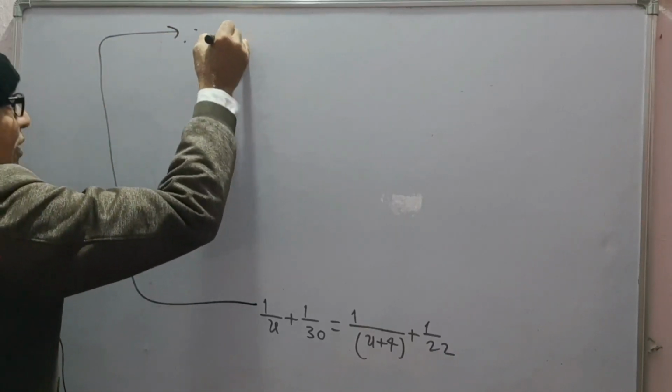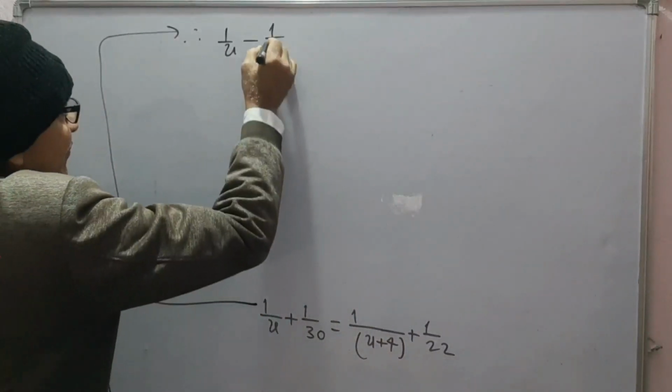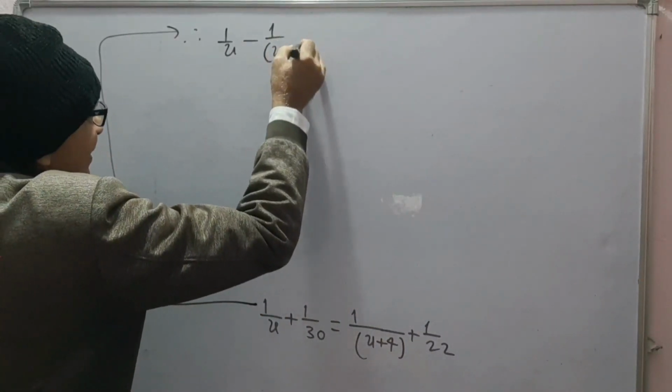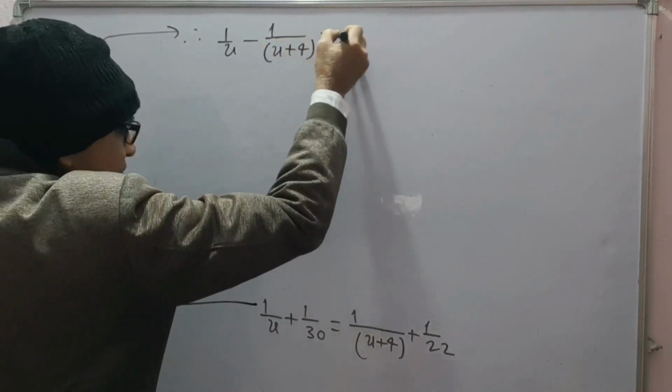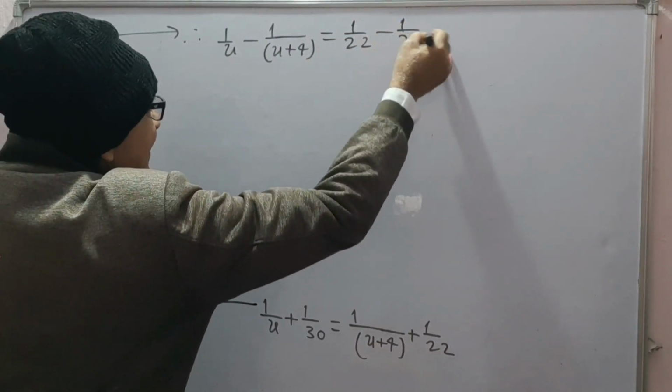Therefore, 1 upon U minus 1 upon U plus 4 will be equal to 1 upon 22 minus 1 upon 30.